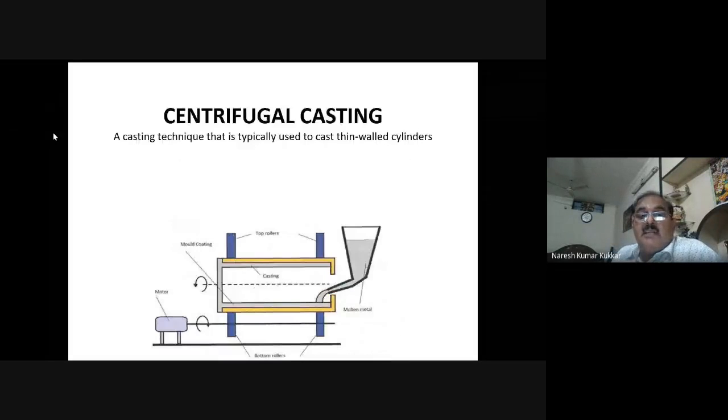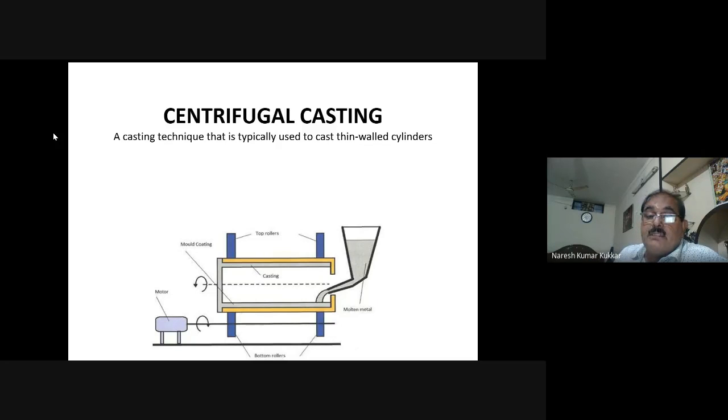Then comes centrifugal casting. In centrifugal casting, the mold is rotated. There are top rollers, and the mold is rotated continuously with the help of a motor.